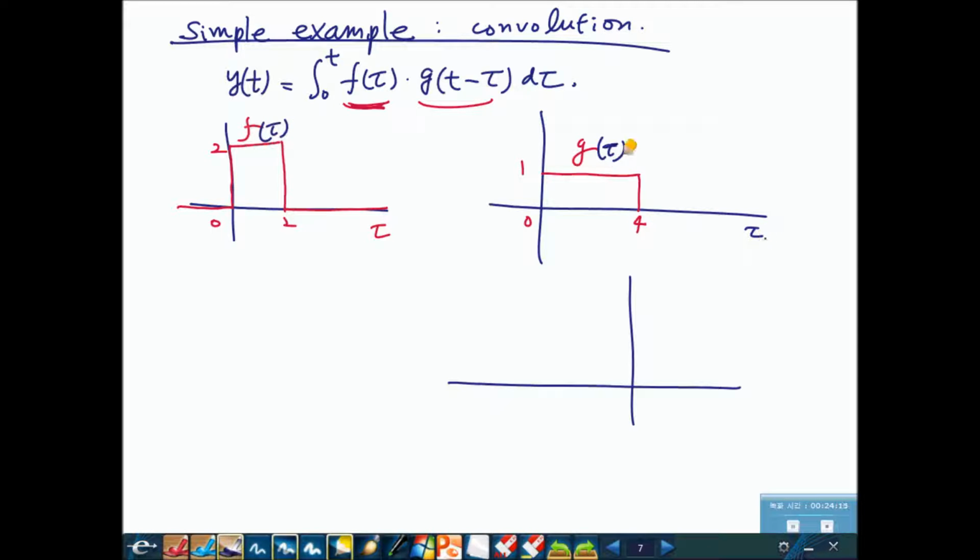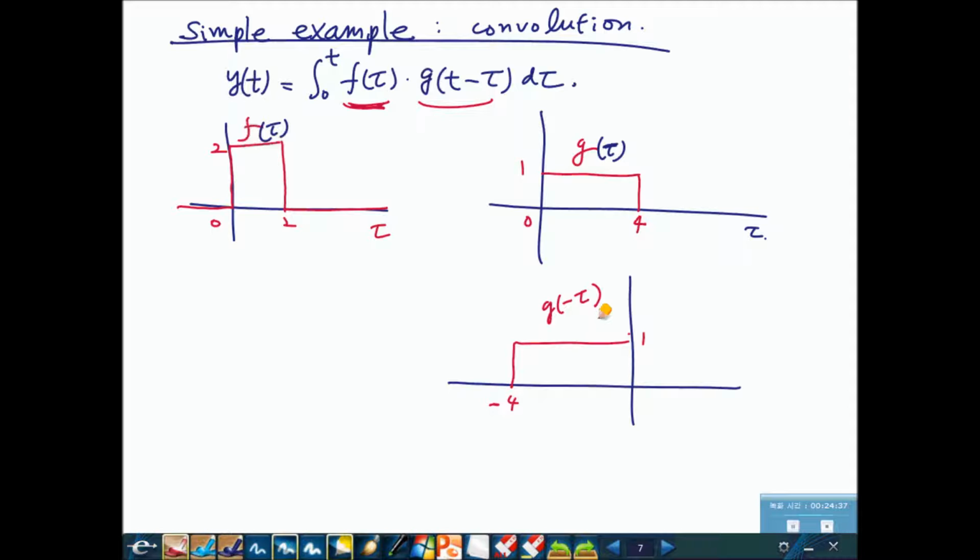Then, so it's a minus. So it has to be first minus, right? So it's minus tau. Then it has to become this, right? This is g of minus tau. Okay?